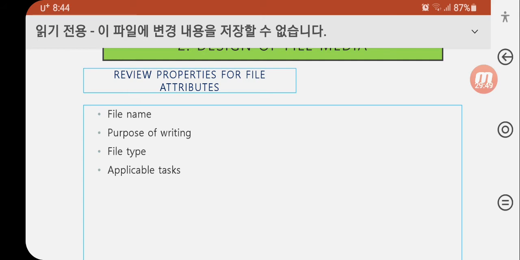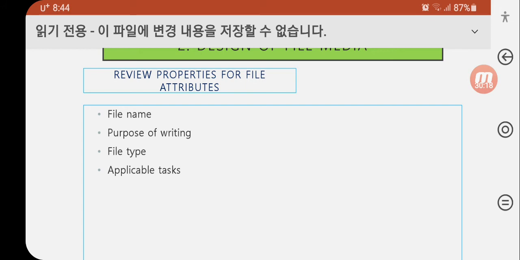First, file name. It should be decided by the nature of the file, or a name of the file that is easy to associate with. And writing purpose. The purpose of writing is clearly defined in consideration of the role or necessity of the file.